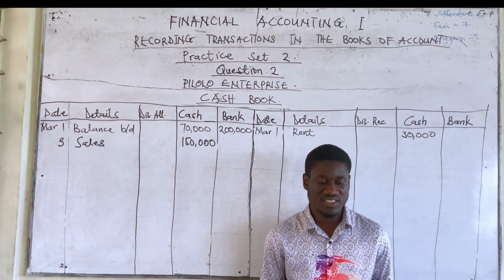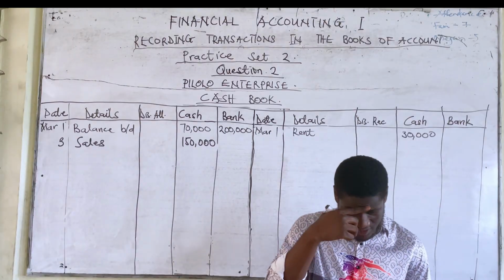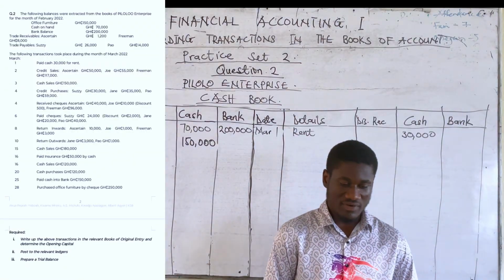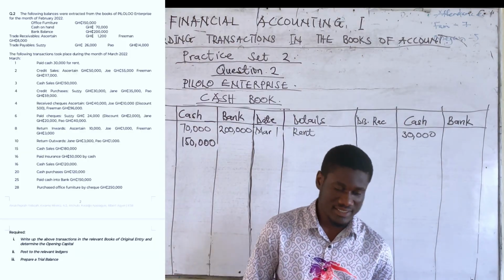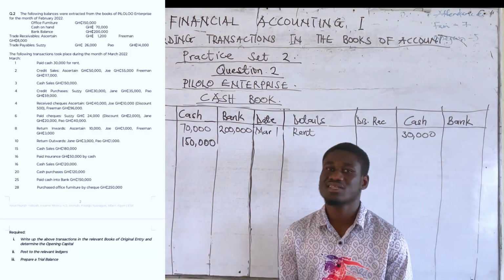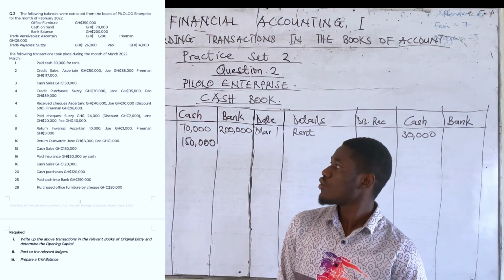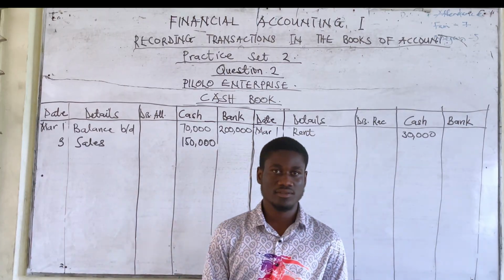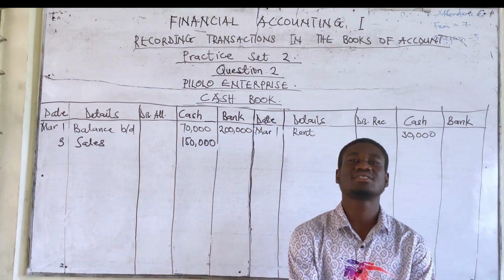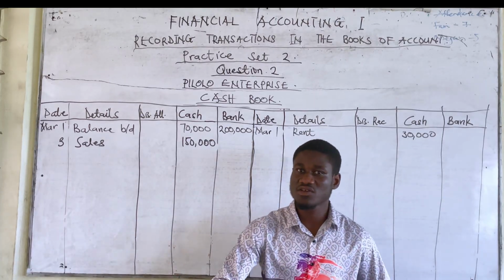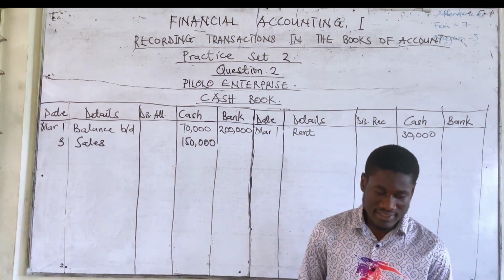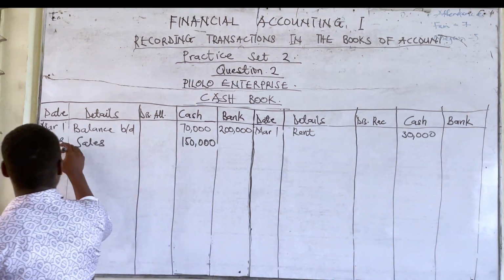Now, received checks. Ascertain 40,000. Joe 10,000, discount of 500. Freeman 96,000. You can see that this one is involving checks, or bank. That means that we are going to record it. And it says we received, which means it's increasing our bank amount or our checks. The date is March 4th.